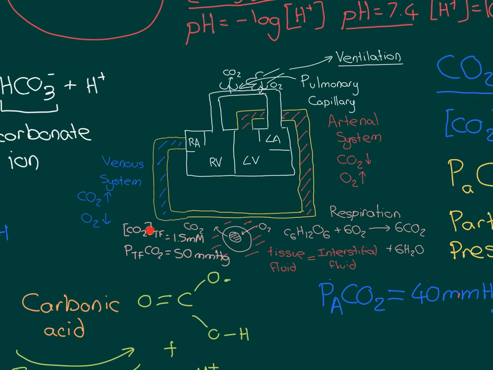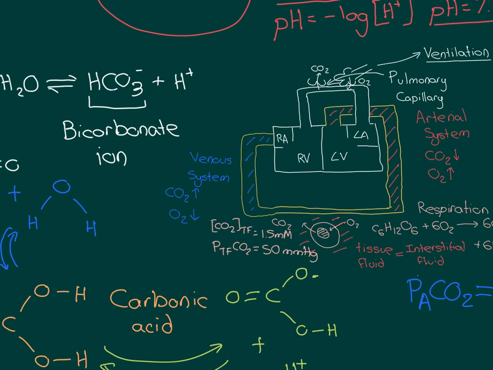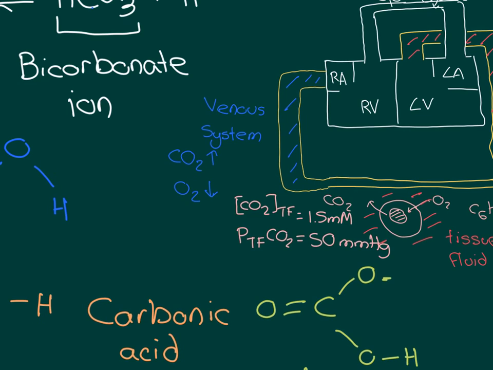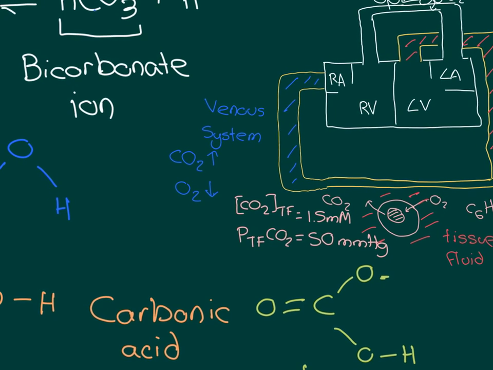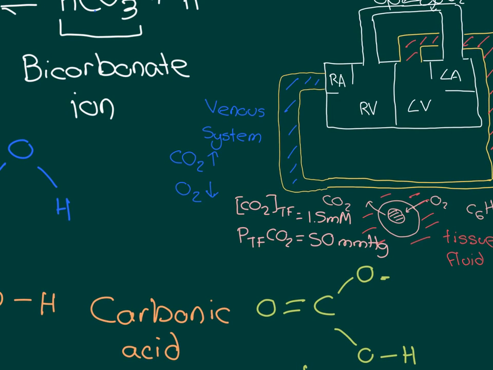So I could change the TF here for tissue fluid to V, and in fact I will now do this. So I'll just make a little bit of space for myself. I'll do it here. Okay, so, oh, whoops, let me get my pen back. So the concentration of carbon dioxide then in the venous blood is going to be the same as it was in the tissue fluid because they've equilibrated with one another.